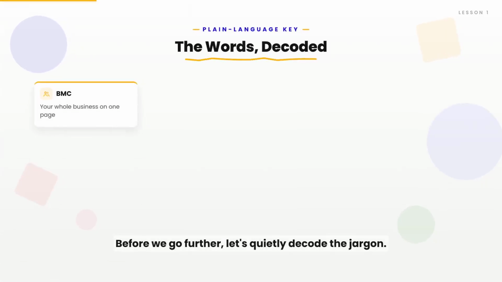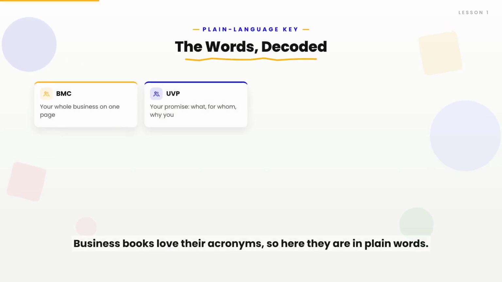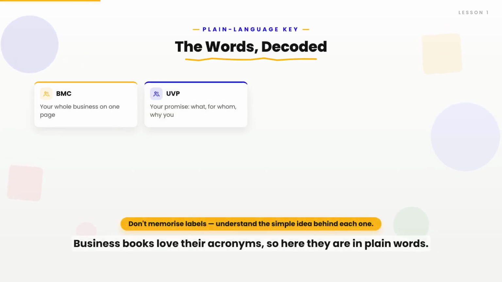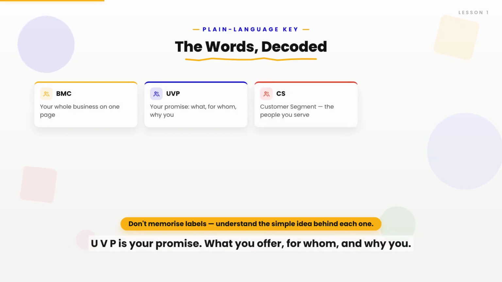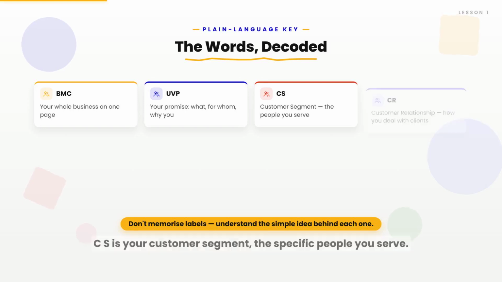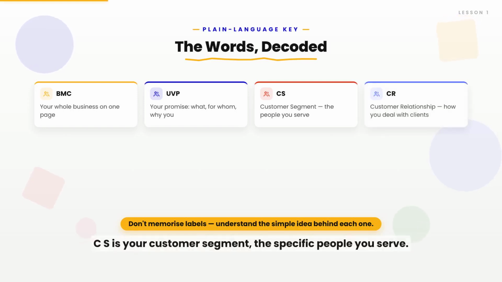Before we go further, let's quietly decode the jargon. Business books love their acronyms, so here they are in plain words. BMC is your whole business, captured on one page. UVP is your promise, what you offer, for whom and why you. CS is your customer segment, the specific people you serve.